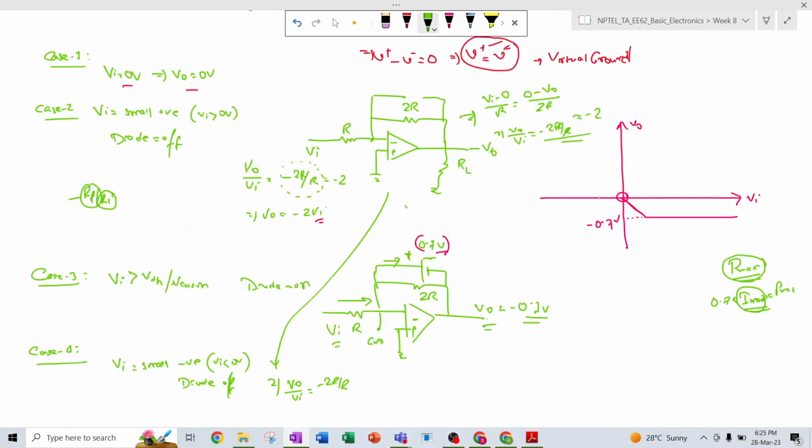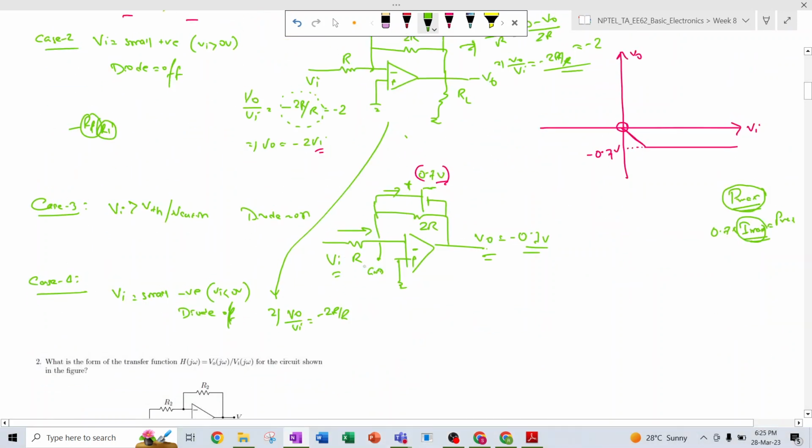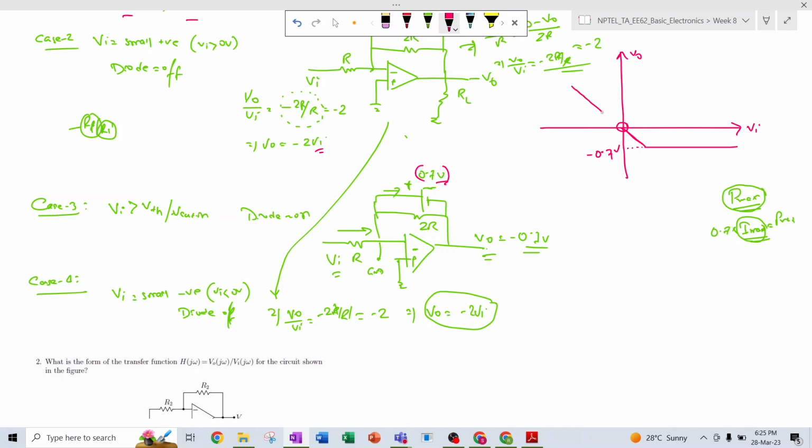Similar is the case here also. R and R cancel out, so it will be minus 2. In other words, VO is equal to minus 2 Vi. Now Vi is small negative, that means VO will be positive. Similarly this will increase.